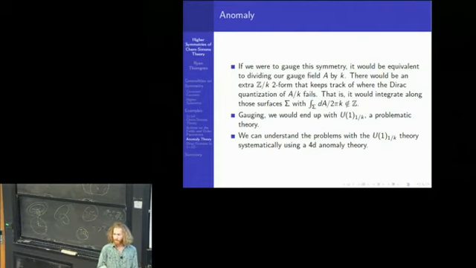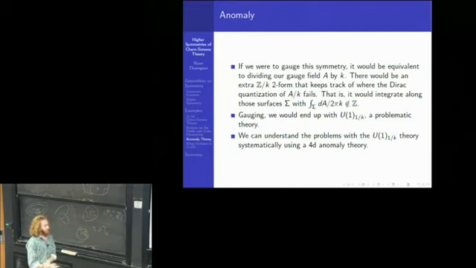Now it would be a 2 pi over K integer in general. And well, if we just keep track of where the Dirac quantization condition fails, that will be a Z mod K 2-form, and that is our gauge field for this gauged higher symmetry. So if you gauge a higher symmetry, you get higher form gauge fields. So here we're gauging a 1-form symmetry, we get a 2-form gauge field.